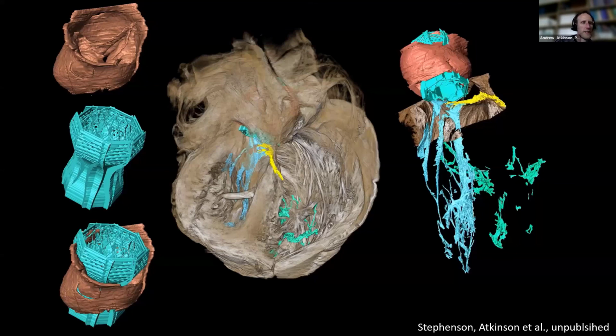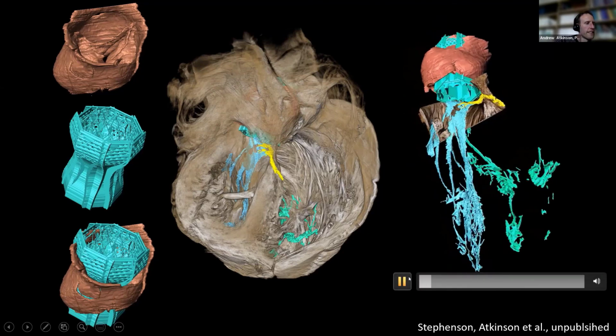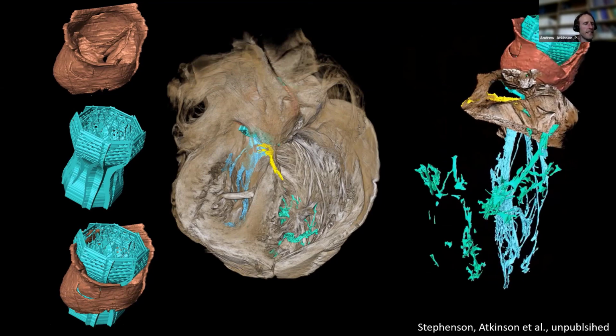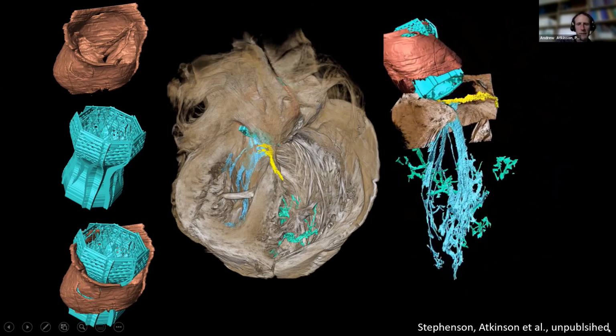With our models, we were able to segment out the aortic root and have a valve implant, and we can see how it sits in the valve. This can all be incorporated into the whole heart, and we can see how it interacts with the area of the AV conduction axis, and take measurements to see what might be impacted in any way.